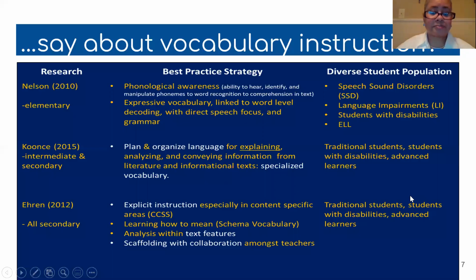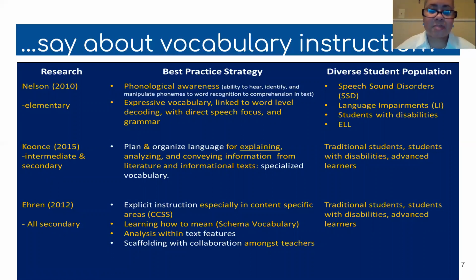What would that be? Well, Nelson tells us that we need to provide continuous instruction on the phonological awareness piece, which is the ability to hear, identify, and manipulate phonemes. That is a continued practice that needs to be seen in elementary, maybe heavy on primary, but still exposed to in that 3 through 5 grade band.